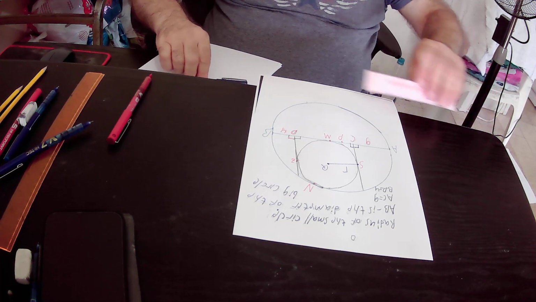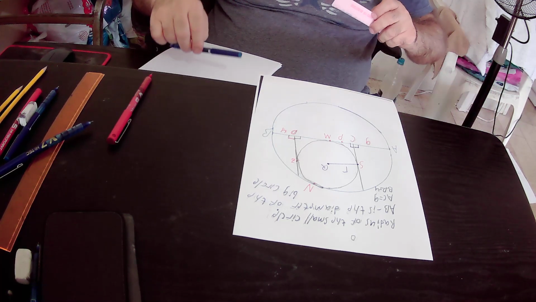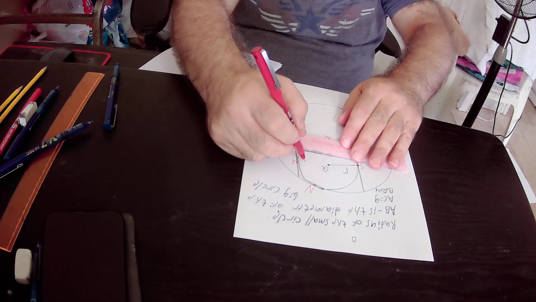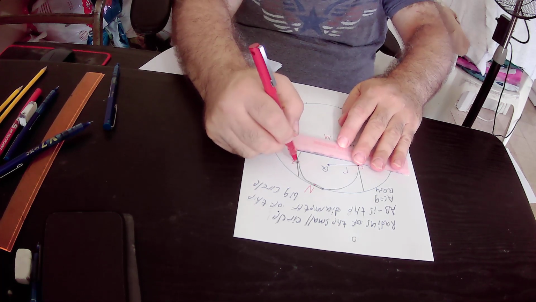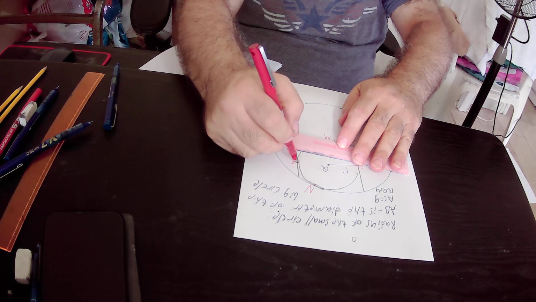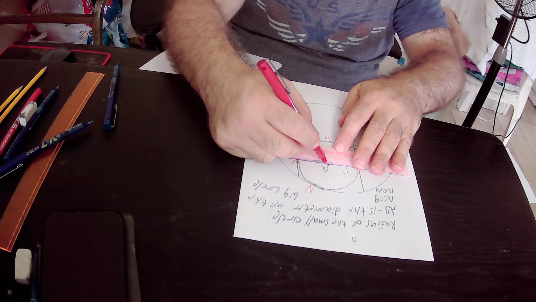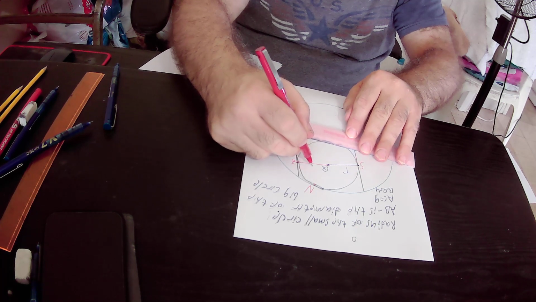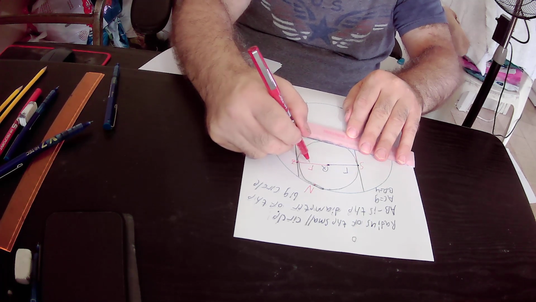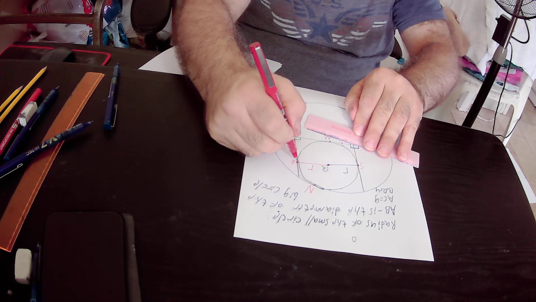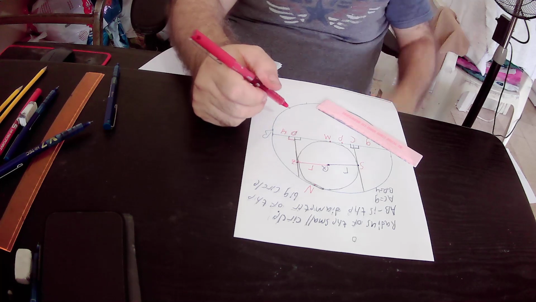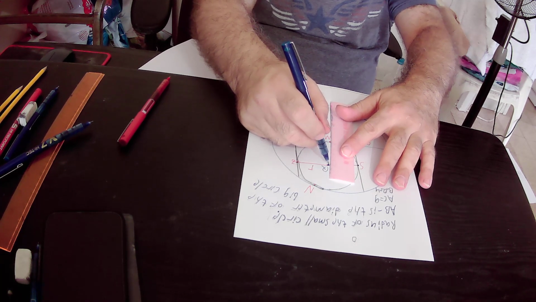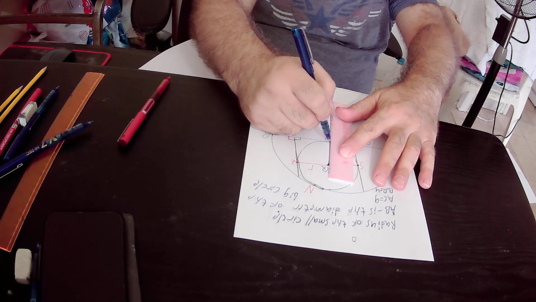Then I will draw the second radius that touches the circle at the launch point, that is to say, the radius will touch the circle at point Z. This is the radius that touches the circle at the launch point, point Z, and then I will draw the third radius that also touches the circle at the launch point.